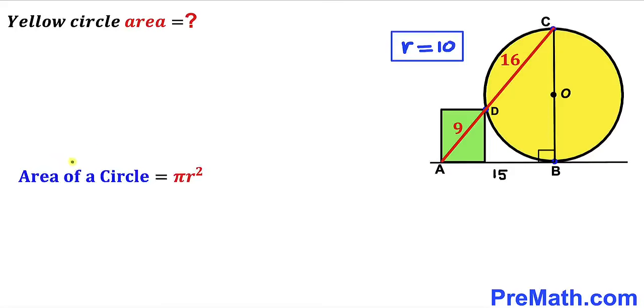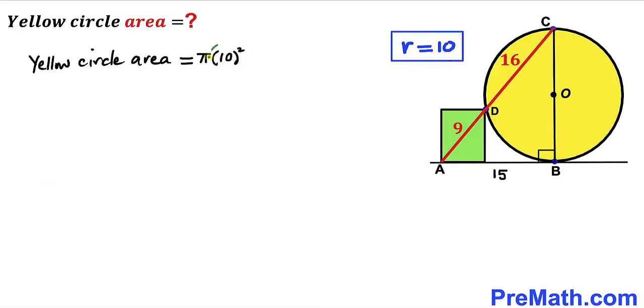Let's recall the area of a circle formula: area equals pi r squared, where lowercase r is the radius. So our yellow circle area is going to be pi times our radius 10, so pi times 10 squared. Now 10 squared is 100.